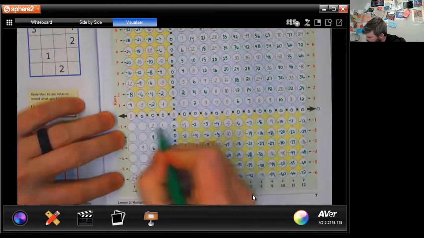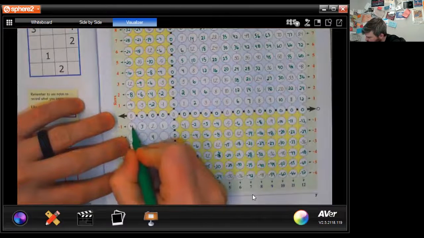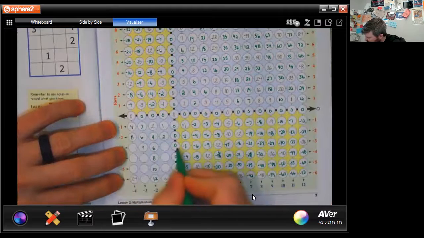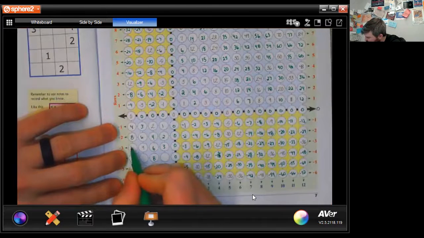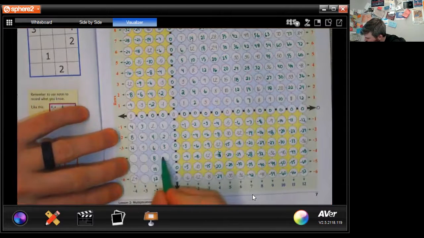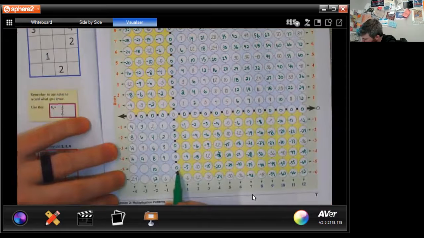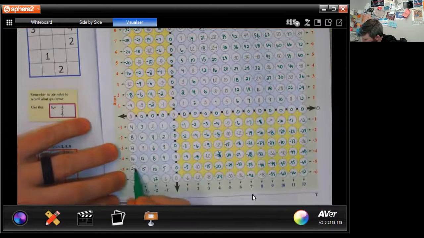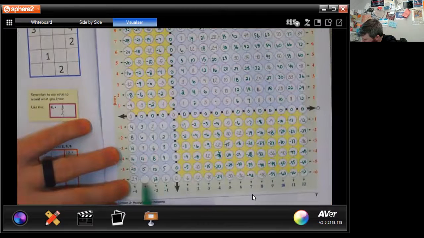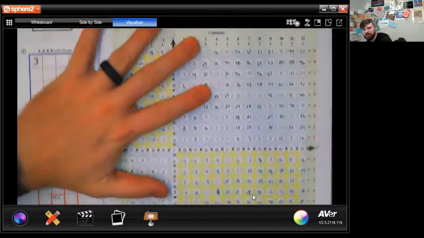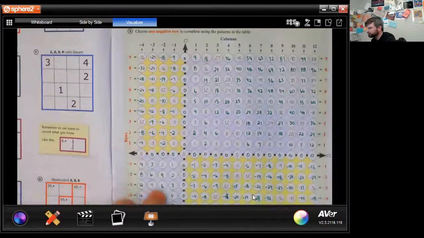So you got 1, 2, 3, 4, 0, 2, 4, 6, 8, 0, 3, 6, 9, 12, 0, 4, 8, 12, 16, 0, 5, 10, 15, 20, 0, 6, 12, 18, 24. And our whole graph here is filled out with multiplication.